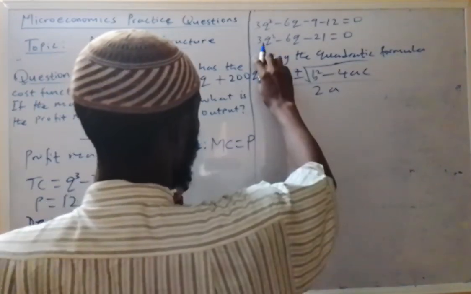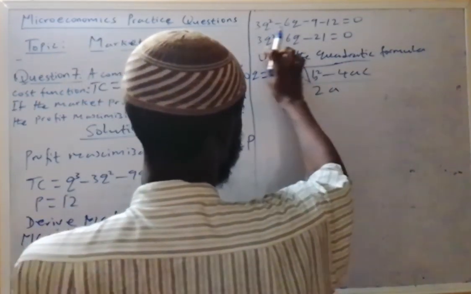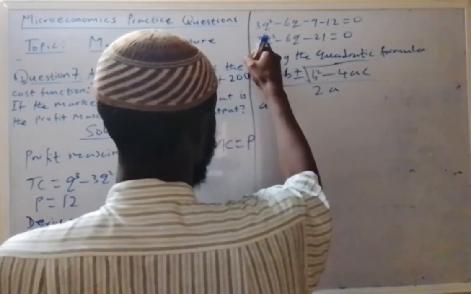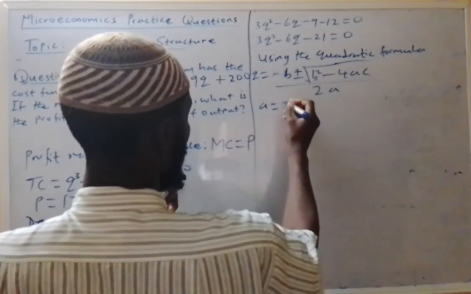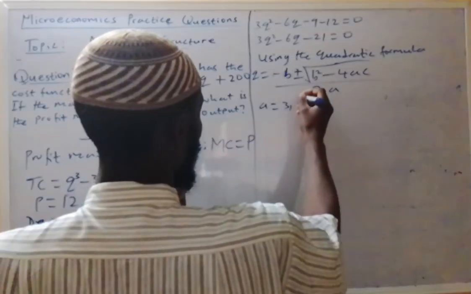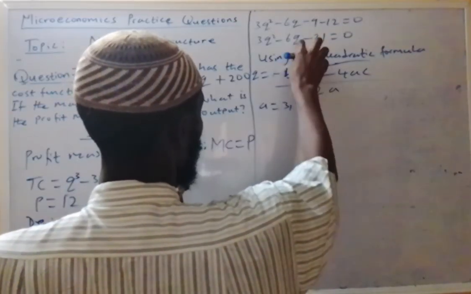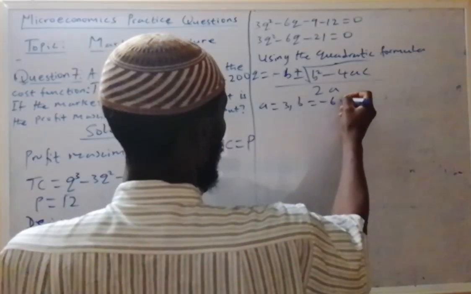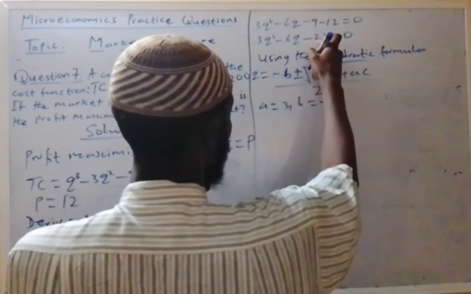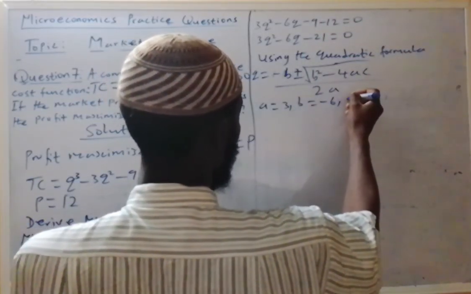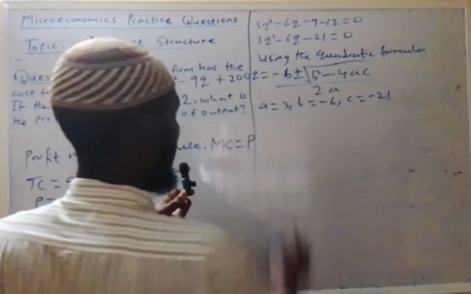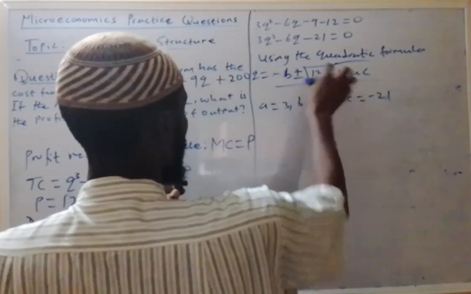In this quadratic equation, our a is the coefficient of q squared, that is 3, b is the coefficient of q, that is minus 6, and c is the constant, c equals minus 21. Now let's substitute these values into the formula.